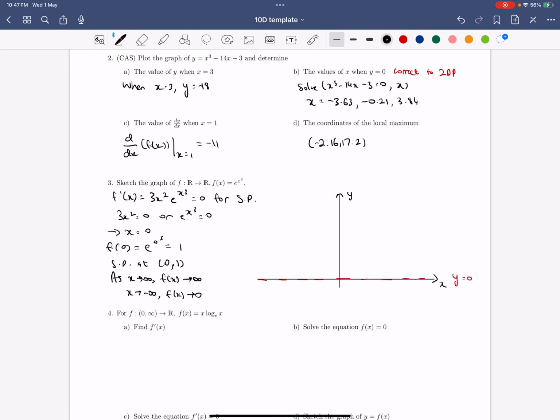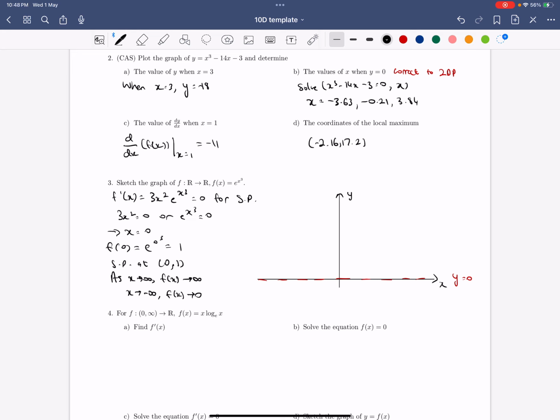There's a stationary point at x equals 0. And our graph, well, actually, we should try and find the nature of the stationary point. So you can tell straight away that 3x squared is always, so I'm having a look over here, this thing over here, all right? 3x squared is always greater than 0 for any x, and e to the x cubed is always greater than 0 for any x, right?